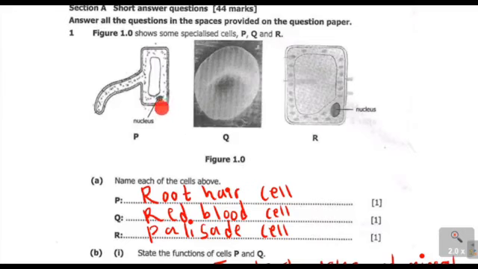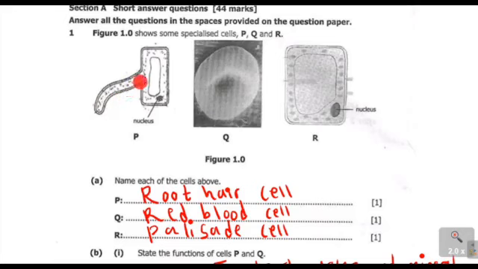So when you look at cell P, this is the root hair cell, which has got this outgrowth. So the root hair cell is adapted to its function by developing the outgrowth, which increases the surface area for absorption.